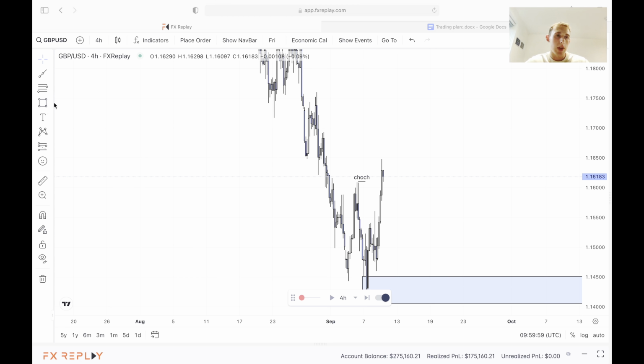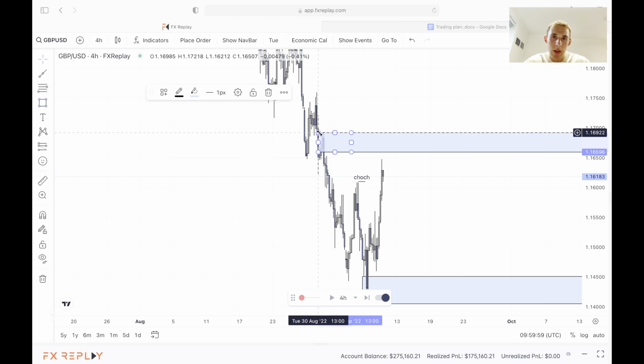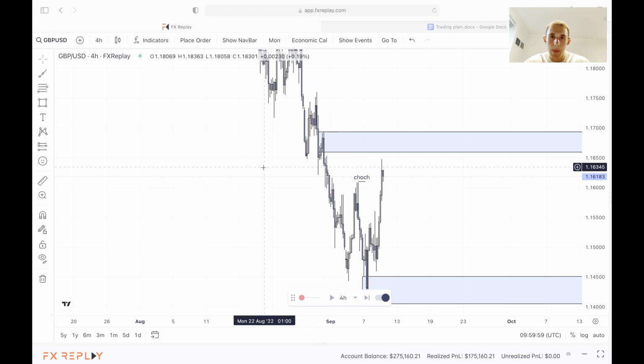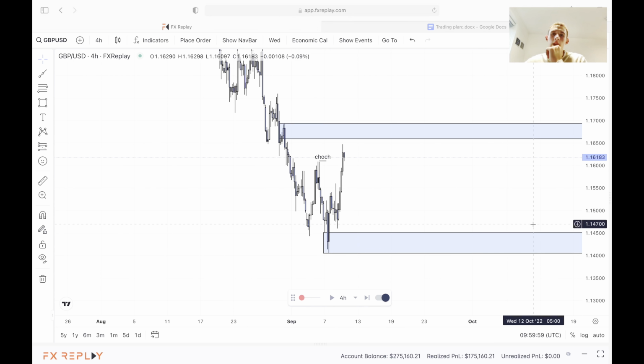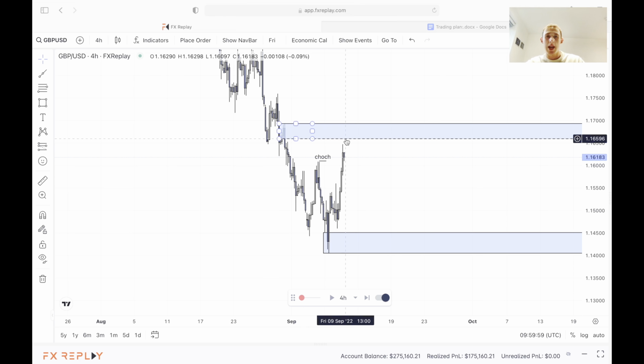also looking at some previous levels of supply. So we have this one here, where price could react from. Normally when I like to see changes of trend, I also want to see the supply area just above the lower high for extra confirmation, because sometimes the change of character can also be a sweep of liquidity, and a lot of the time when this happens, it will come to the supply area immediately above the lower high for then the sells.